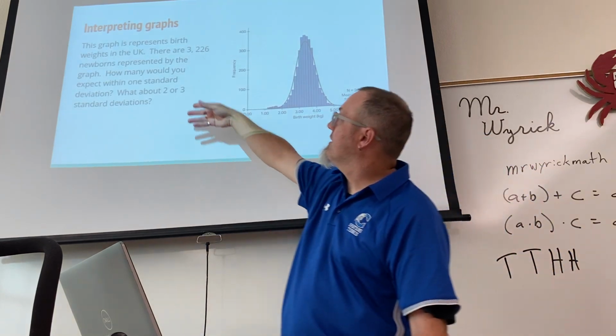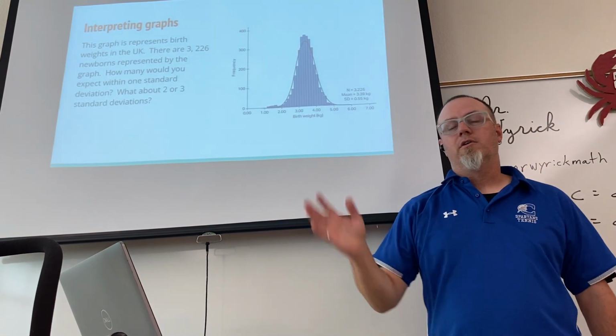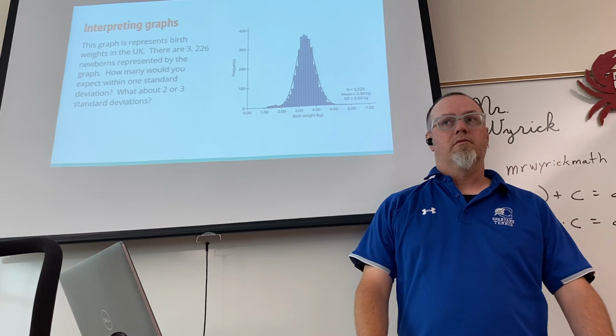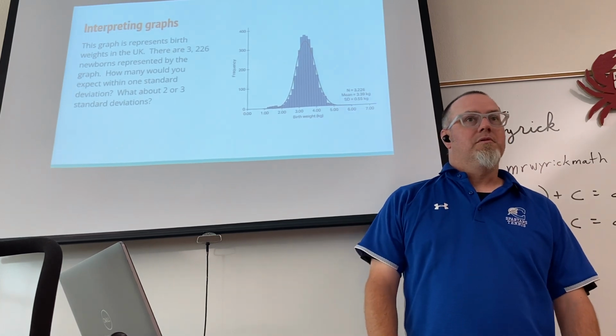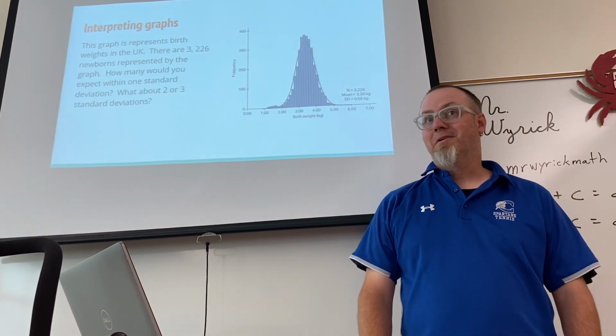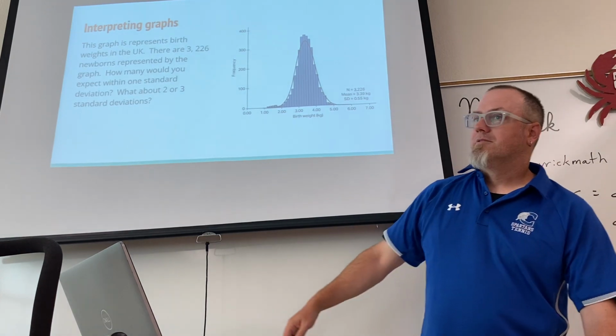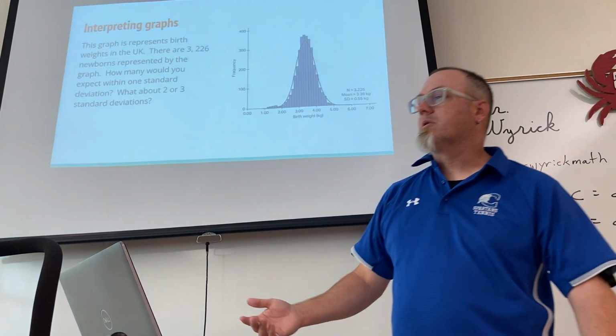So how would we find how many babies we would expect to see within one standard deviation? What's 68% of 3,226? You don't have to tell me, but how would we find that? Anybody remember percentages? By dividing it by 100 and multiplying by 68. Okay, or we can do it in one step.